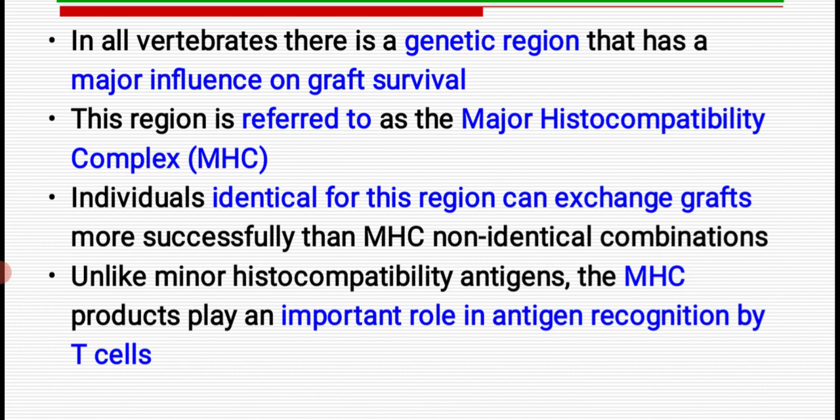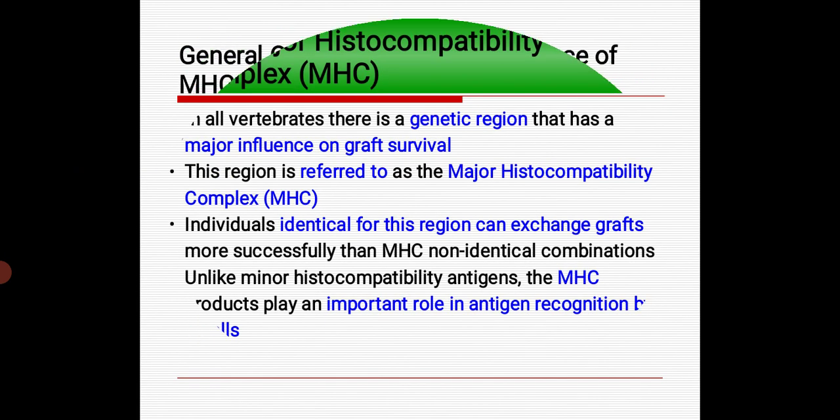The MHC molecules are glycoproteins, or glycoprotein receptors, which are present on the eukaryotic cell membrane. The genetic region which is responsible for this glycoprotein is termed the major histocompatibility complex.